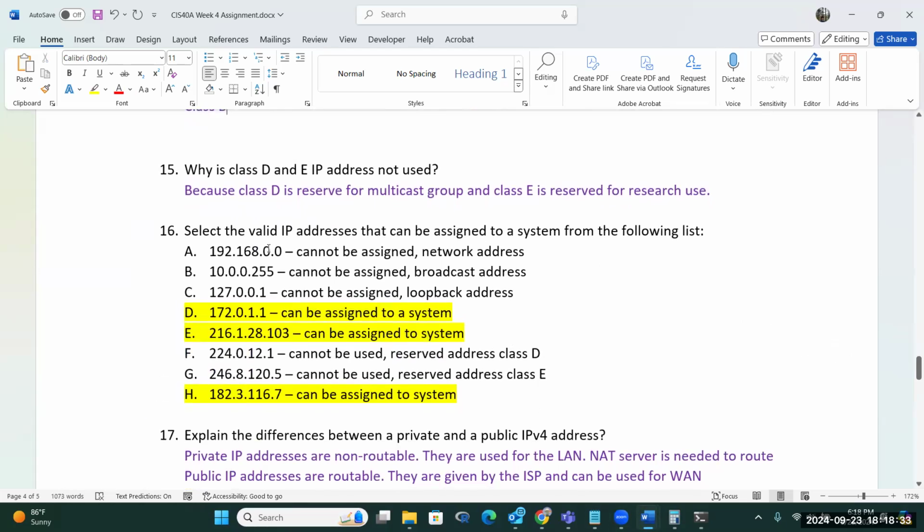Okay, let's go through and look at which is legal, which is not legal. 16A cannot be assigned, illegal network address. Why? Because of this .0 host ID at the end. When you see a .0, you know that it is a network host ID.